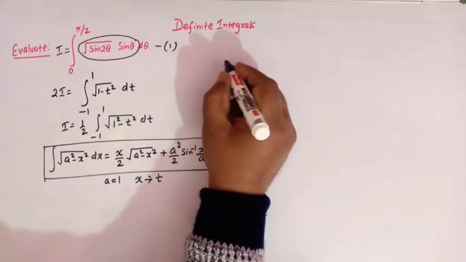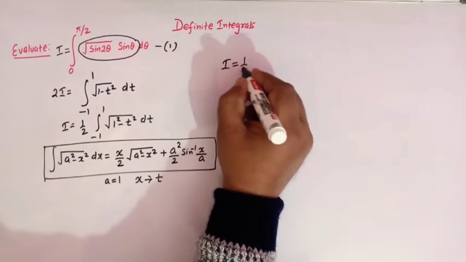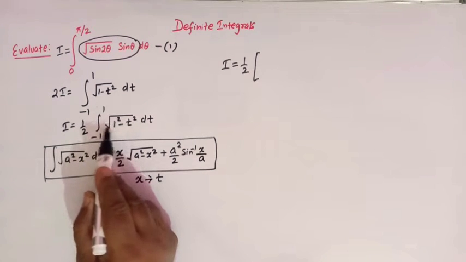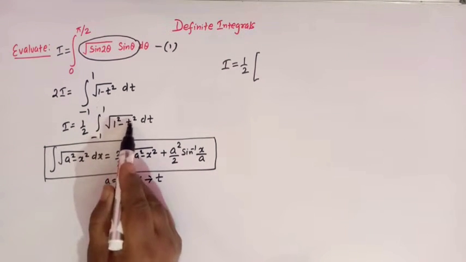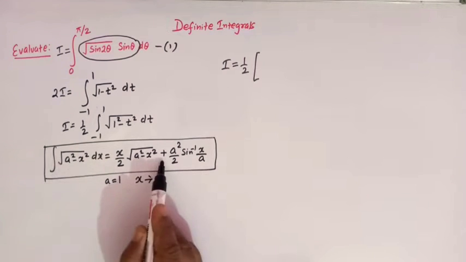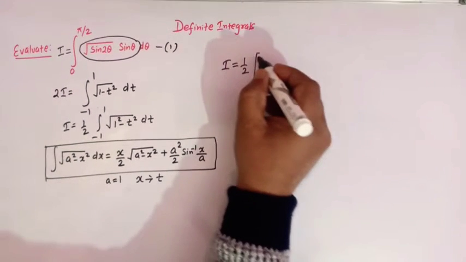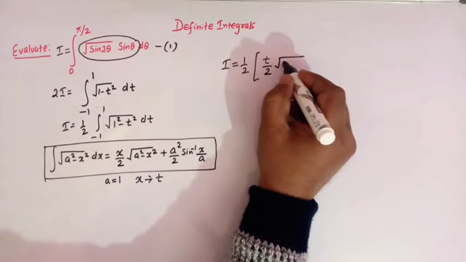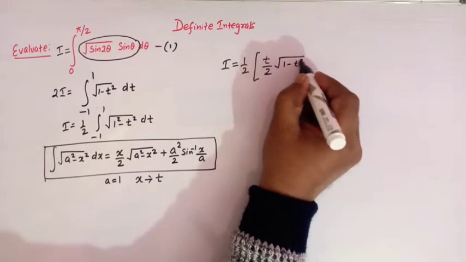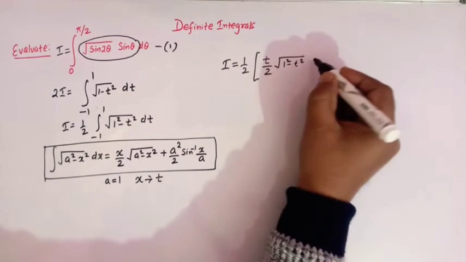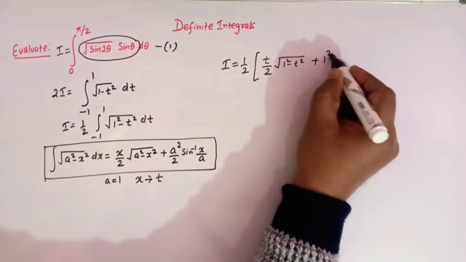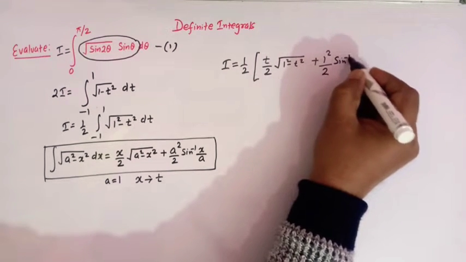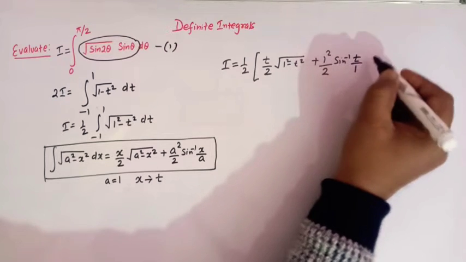So now this integral I can be written as half, and we have the integral of square root of 1 square minus t square, which from this result is t over 2 times square root of 1 square minus t square, and then we have 1 square over 2 sine inverse t over 1, right?